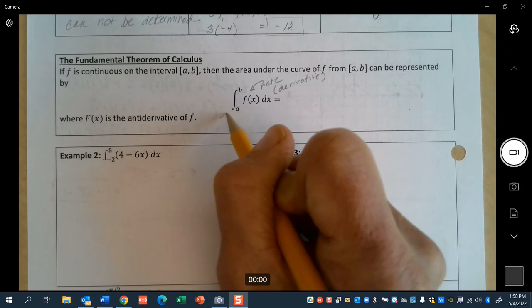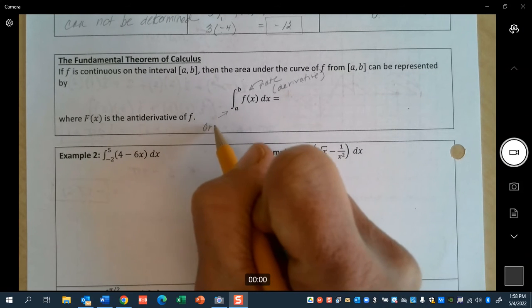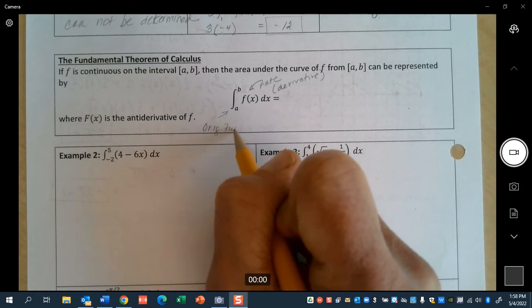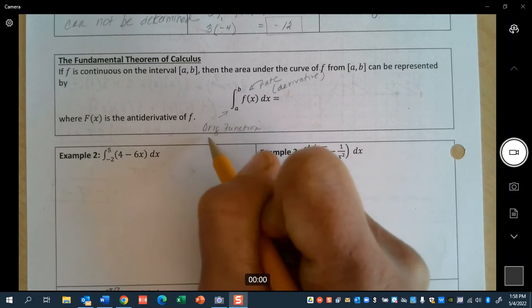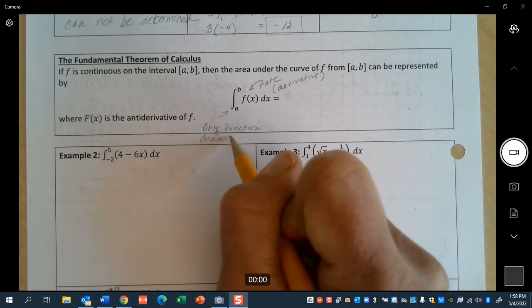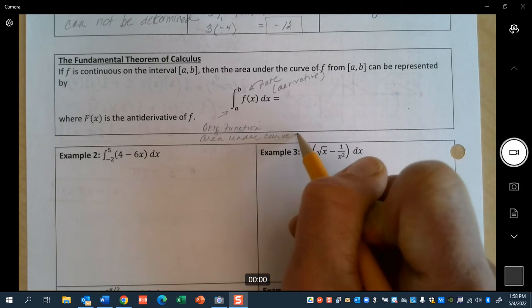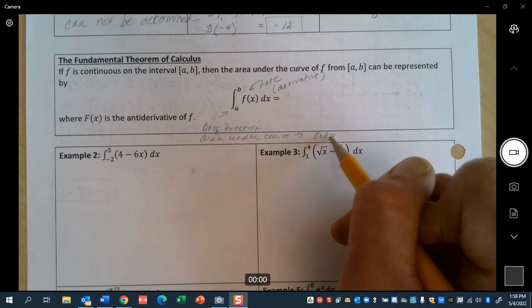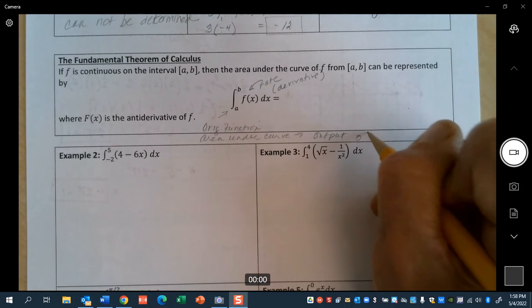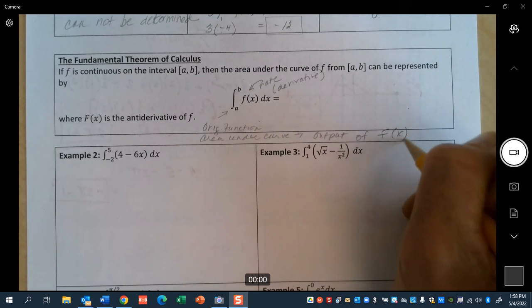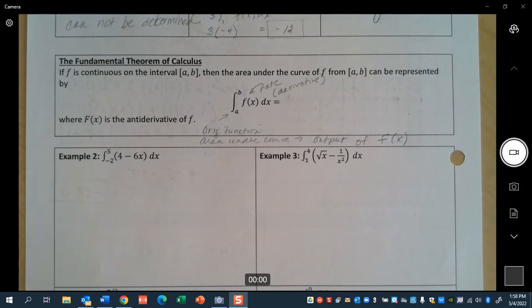So if I'm doing this, I'm looking for my original function. I'm looking for my area under the curve. I'm looking for my output, big F of x.